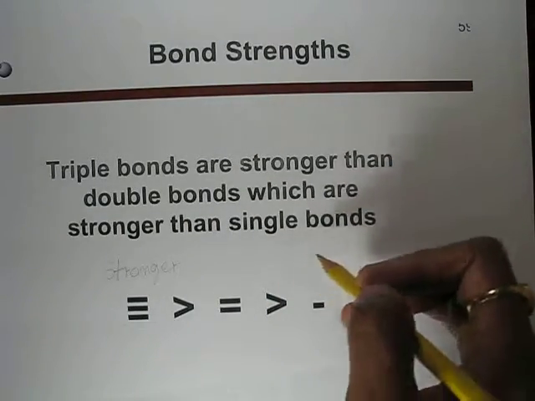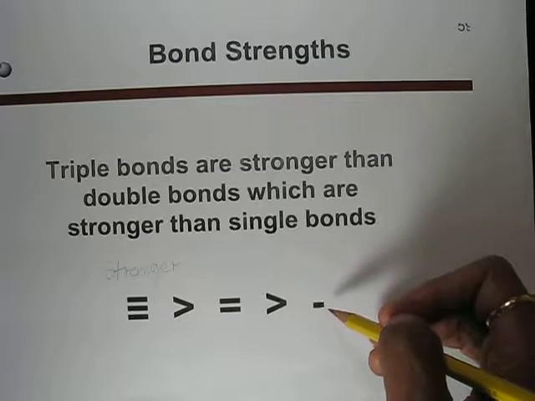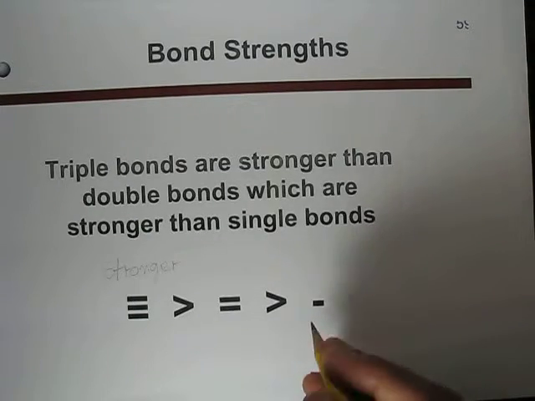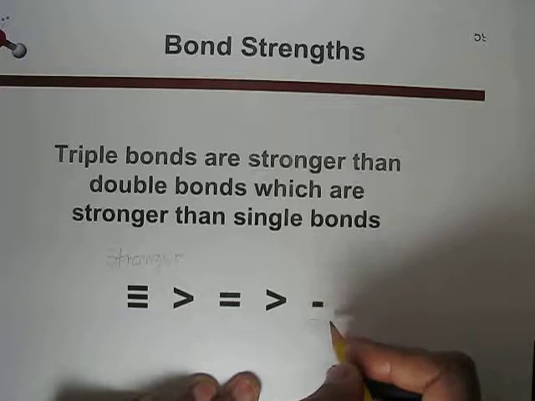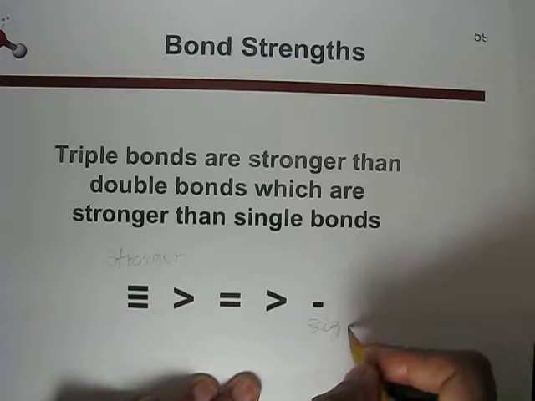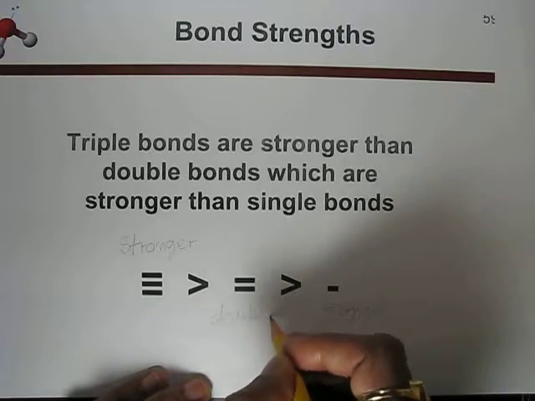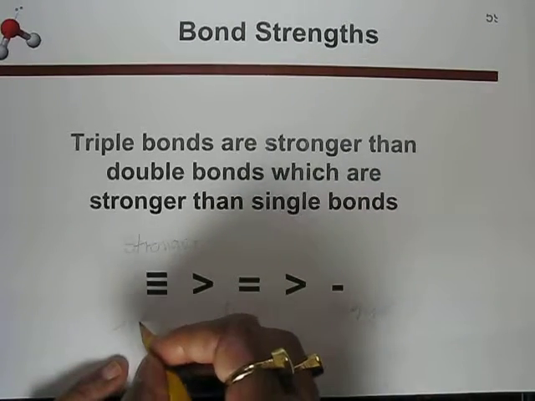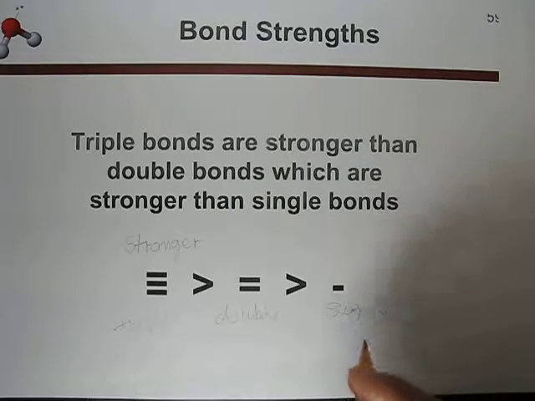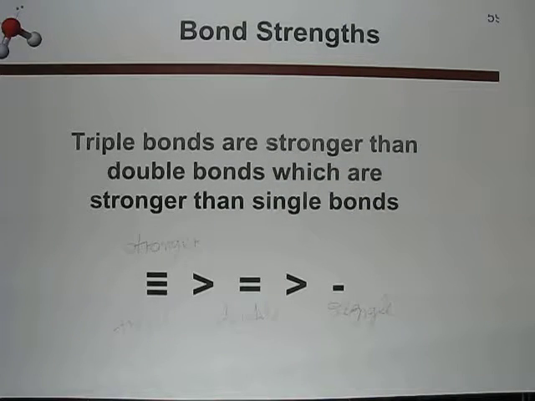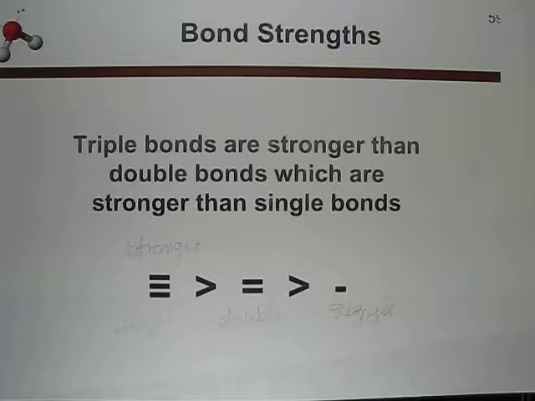So this is a single bond, this is a double bond, this is a triple bond. If we need to break the single bond, it's very easy. Breaking the double bond is comparatively harder, and breaking the triple bond is much harder.